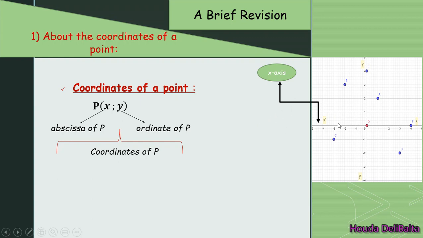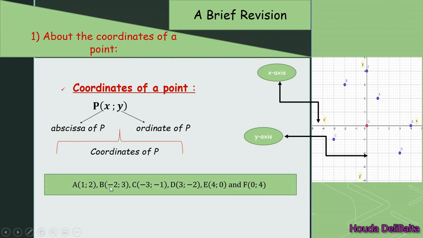So again, this is called the x-axis, and this is called the y-axis, which is the axis of ordinates. If I'm dealing with ordinates, I move along the y-axis or parallel to it, and if I'm dealing with abscissas, I move along the x-axis or parallel to it. Here are the coordinates of the points you see here. For example, the coordinates of point A are (1, 2).